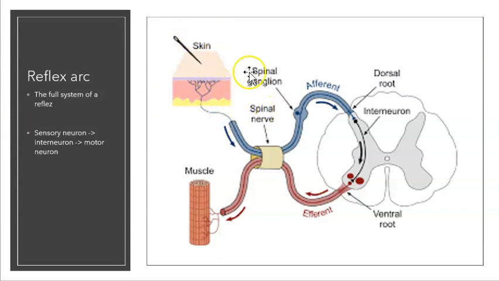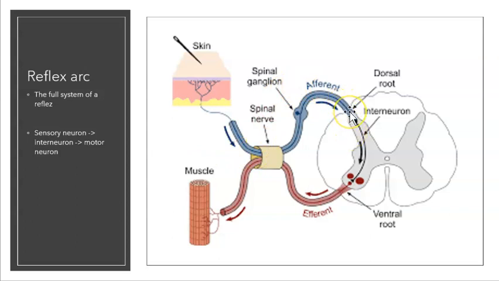In your skin, you've got sensory cells, neurons, and they send what we call an afferent signal from your skin through your body to the spinal cord. And this is what we call a sensory neuron.